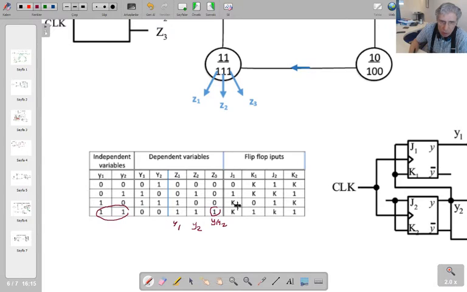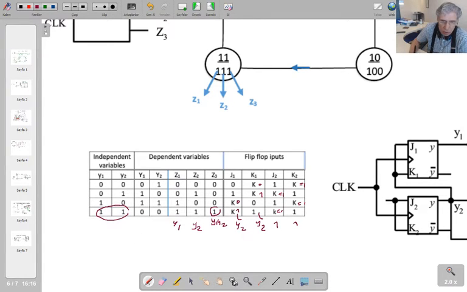What is J1? If you consider this as 0, 1, it becomes Y2. And all of the K's are 1. If all K's are chosen as 1, my function becomes J2 equal to 1, K2 also equal to 1.